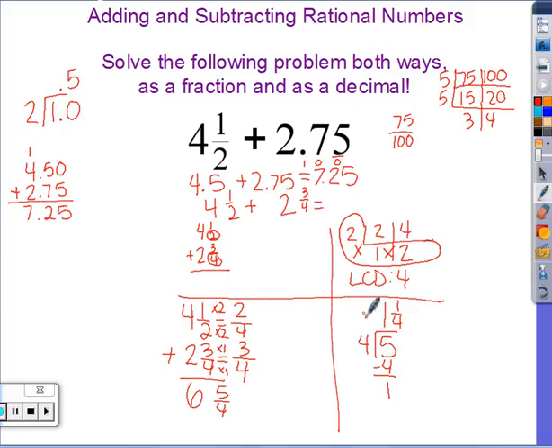But I can't forget about my 6. So I actually have 7 1/4. So I can check, is 7 1/4 equivalent to 7 25/100? And I would say that 1 out of 4 quarters is 25 cents, so I would agree with that answer.